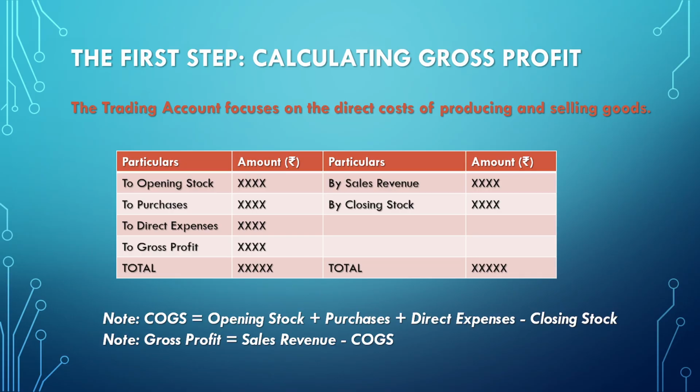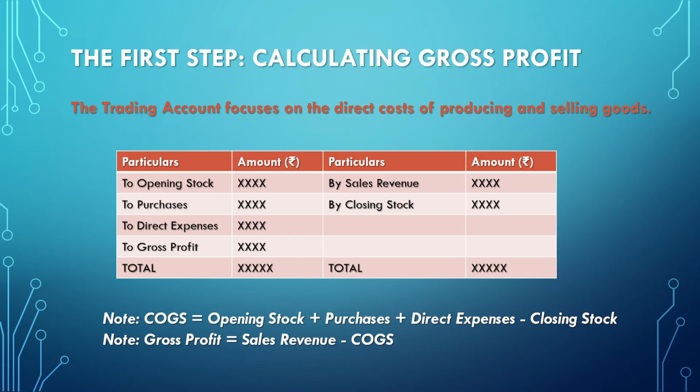Then all the direct expenses, like direct wages, direct labor, and the electricity bill of the manufacturing factory. If it is a factory, even the electricity bill of the factory will be a direct expense. Those will be on the debit side.